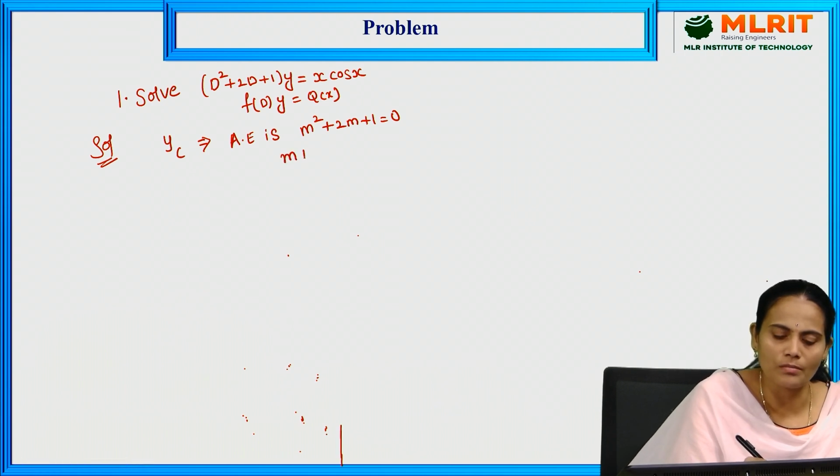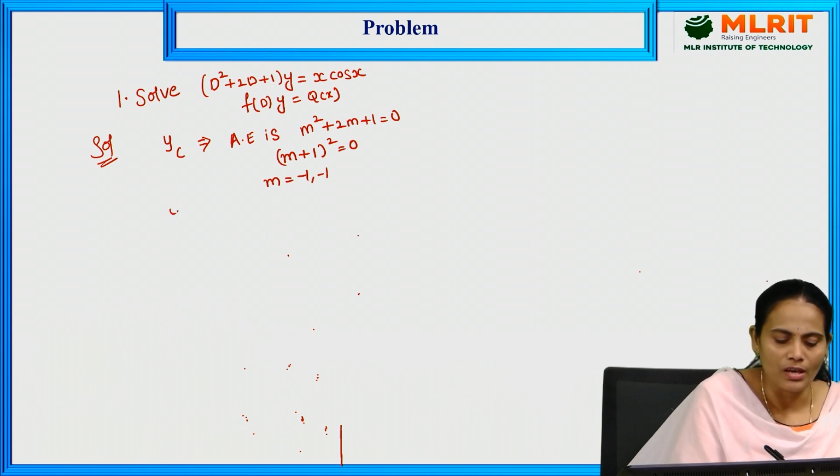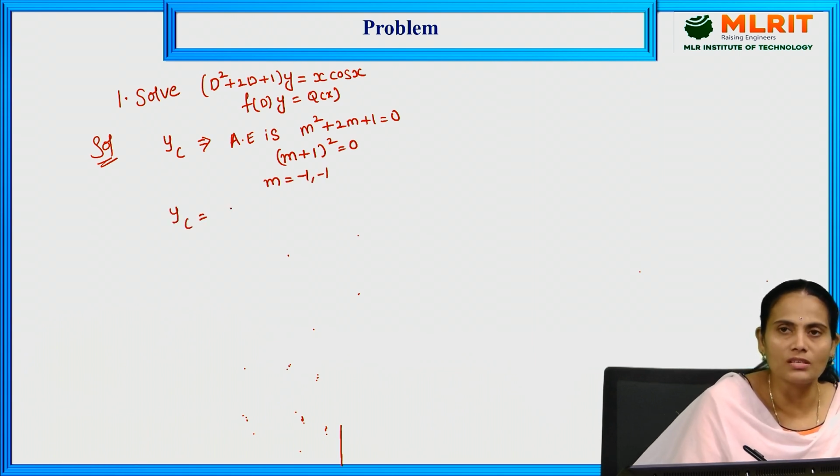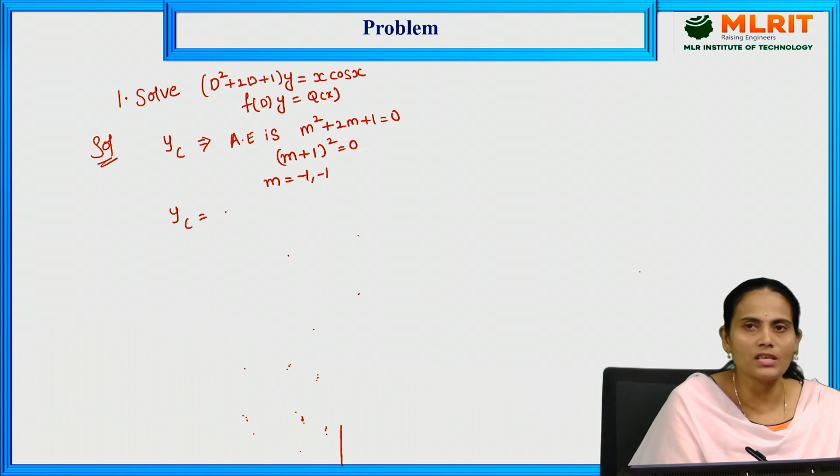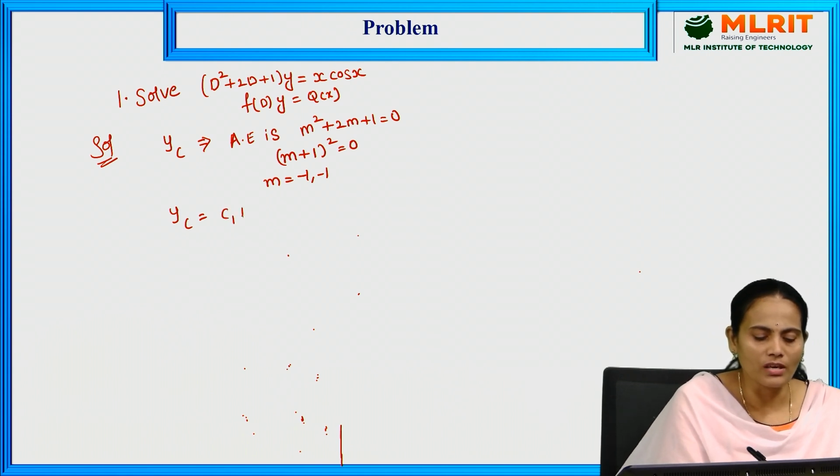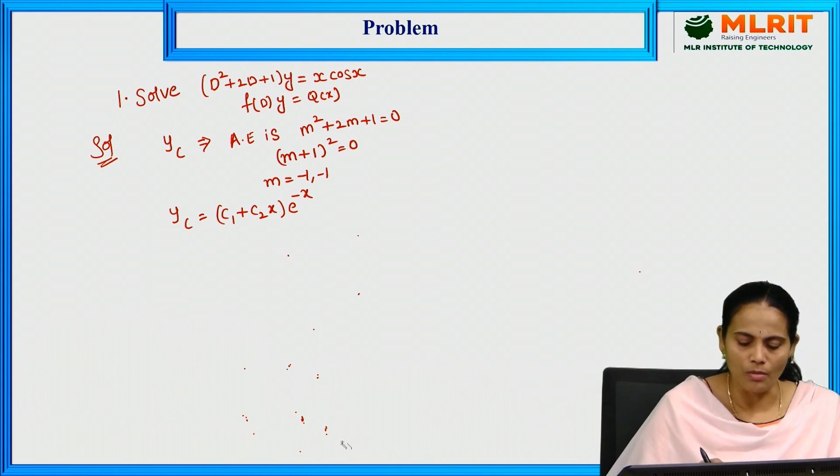This is nothing but m plus 1 whole square is equal to 0, so m is equal to minus 1 and minus 1. Here the roots are repeated, so yc is equal to c1 plus c2x into e power minus x. This is the complementary function.